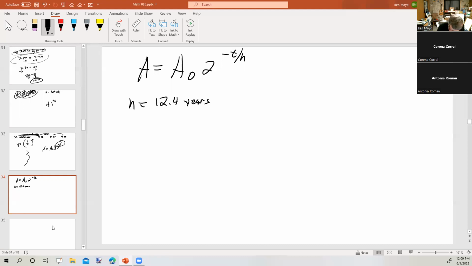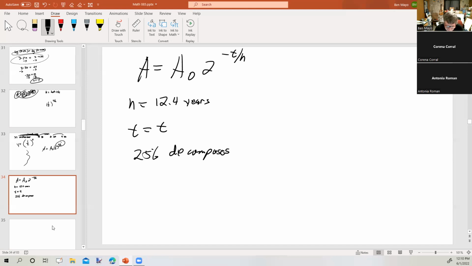How long will it take? So time is the unknown, for 25% of a sample of tritium to decompose. Now, they did not tell us how much we started with. They did not tell us how much we ended with.